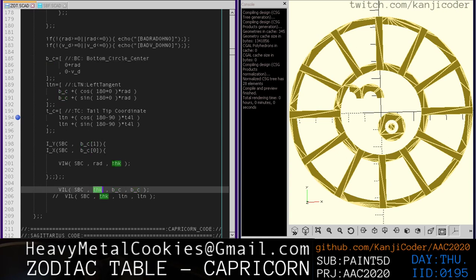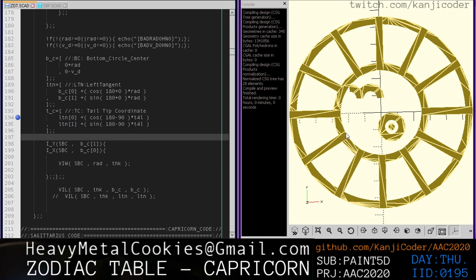So the cosine of something times a radius, plus, oh, wait. This is where we're screwing up here. Those need to be x and y. So this LTN, same deal. We need the x and y's. Okay, so we probably screwed that up in many places. Okay, there we go.